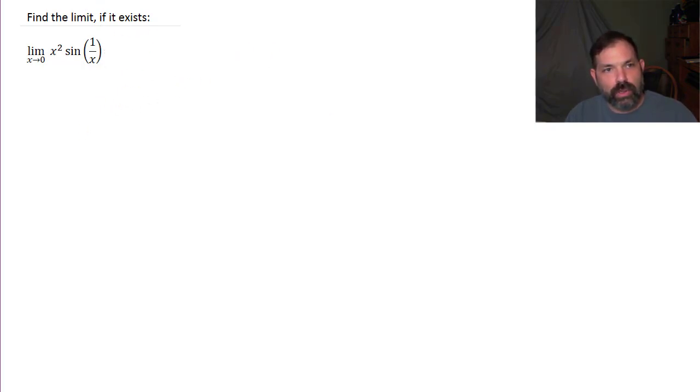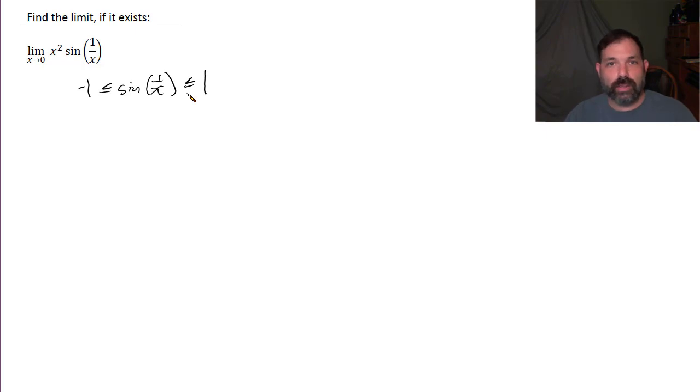So here's what we're going to do. We're not going to start with the x squared times sine of 1 over x. I'm going to start with just this part. I know from my understanding of the sine function that the sine of 1 over x must be between -1 and 1.